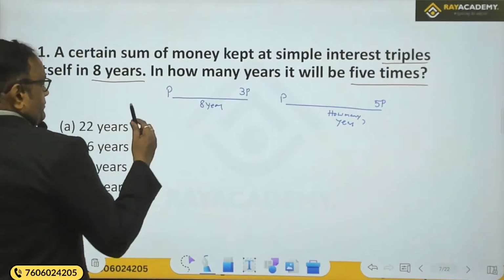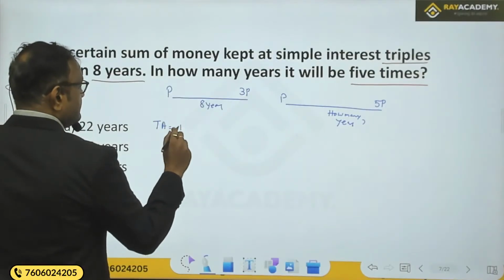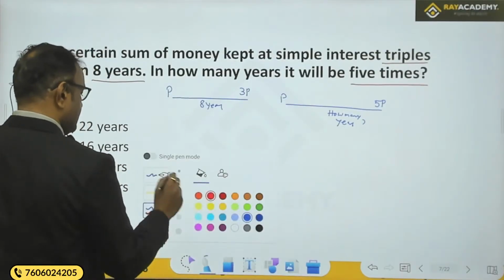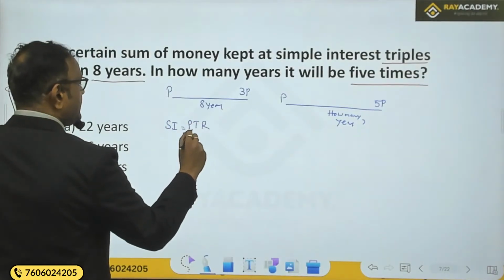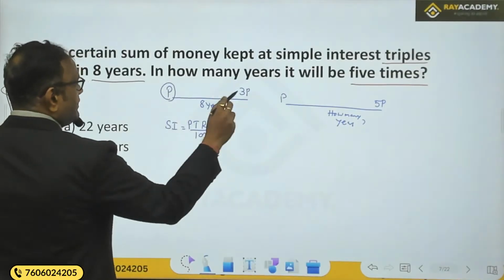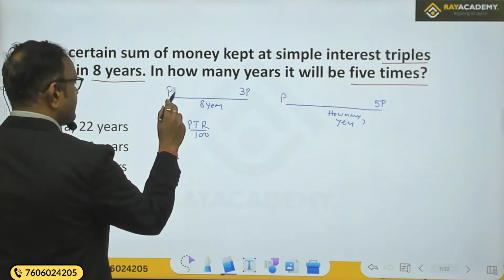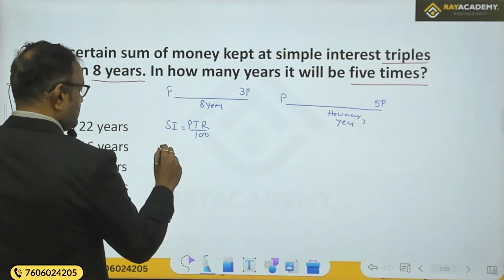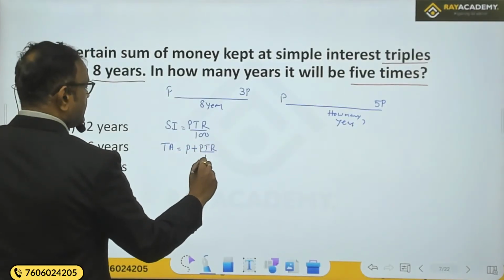Okay. Our simple interest formula: total amount is, first, find out the simple interest. Simple interest is PTR by 100, and the total amount formula is total amount is P plus PTR by 100.